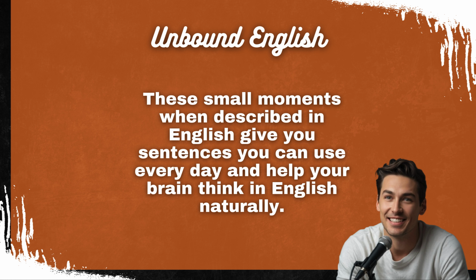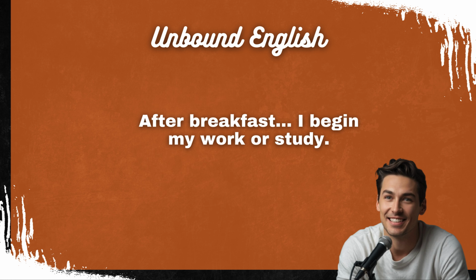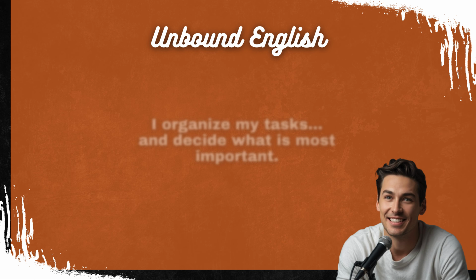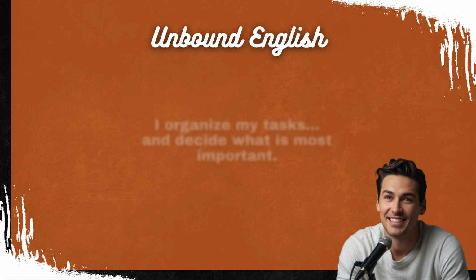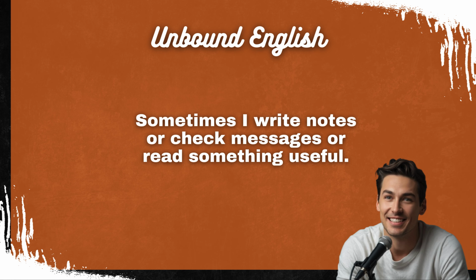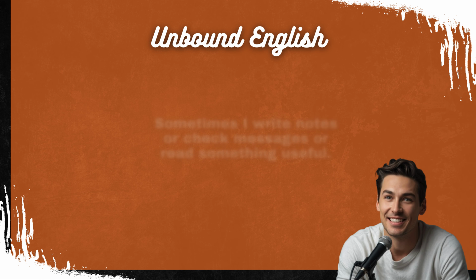in English naturally. After breakfast, I begin my work or study. I organize my tasks and decide what is most important. Sometimes I write notes or check messages or read something useful.